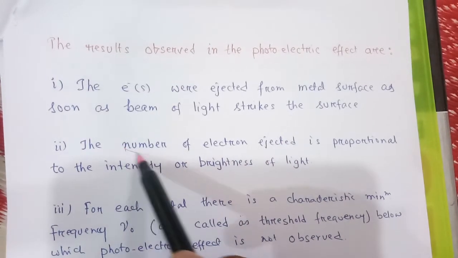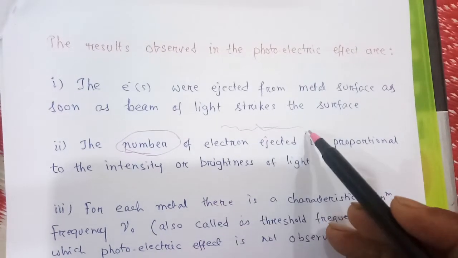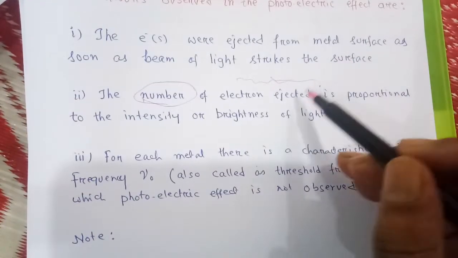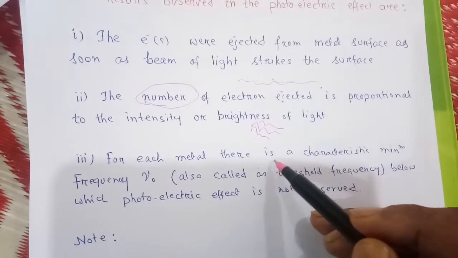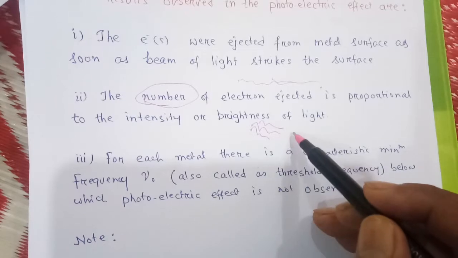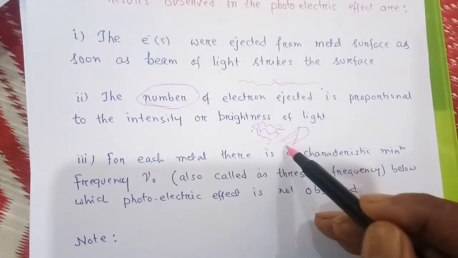It means how many electrons will come out depends on the intensity or brightness of light. If you strike the metal surface with light of 3, then 3 electrons will come.